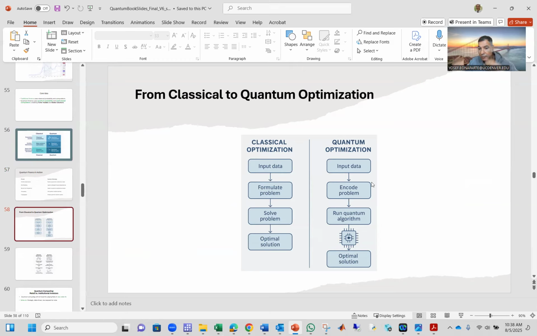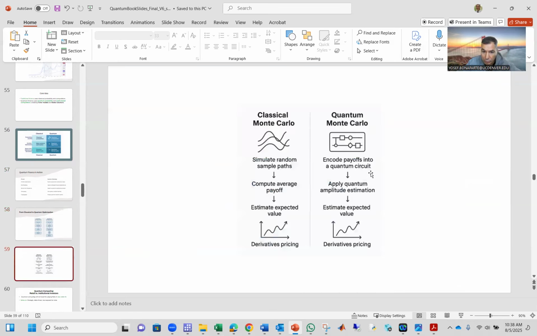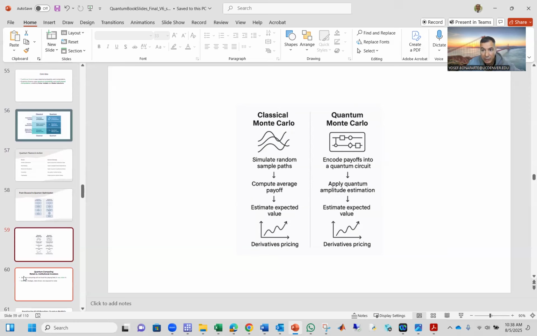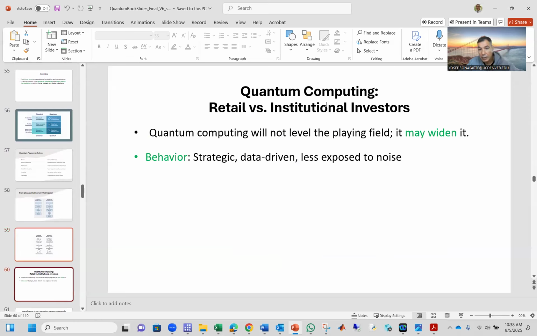Here it is different. You have more data encoded into qubits, and then you get the optimal solution. In Monte Carlo, the same. You encode the payoffs, and you get more results. If you do Monte Carlo, you always have a different iteration, different numbers. With quantum it will be more rigorous, with more stable outcomes.